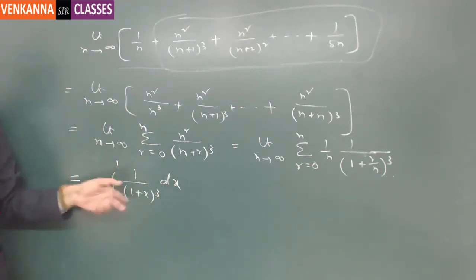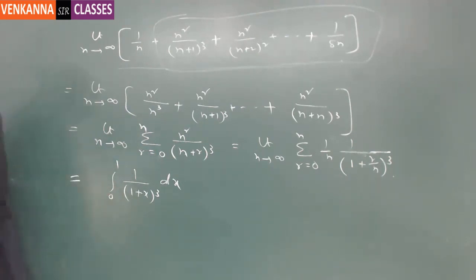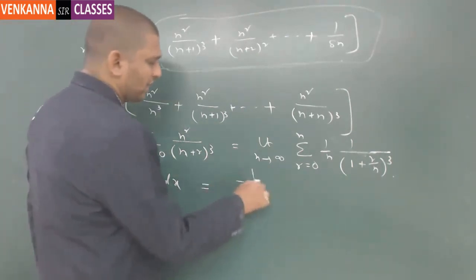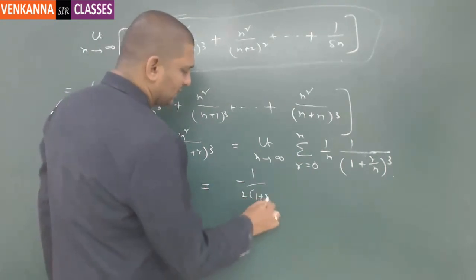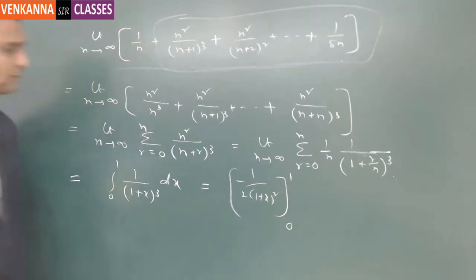So integral 0 to 1, 1 by (1 plus x) whole cube. So if you go for the regular integration, it will be equal to minus 1 by 2 into (1 plus x) whole square between the limits 0 to 1. So can you apply the limits and give me the value? What it will be?